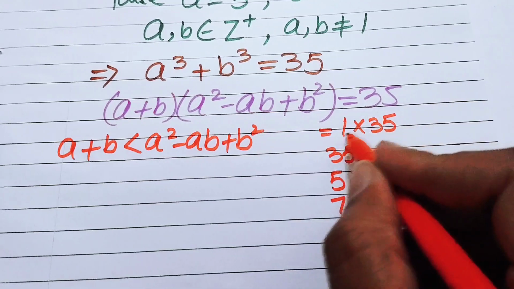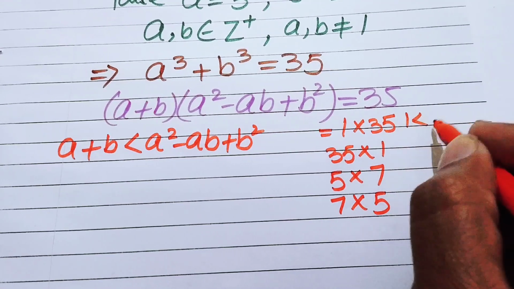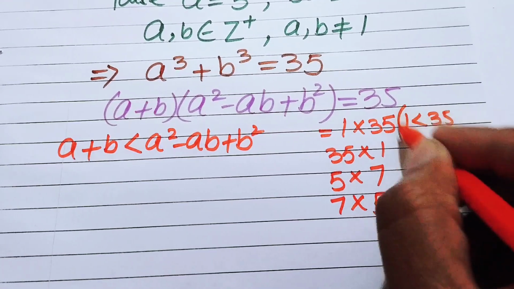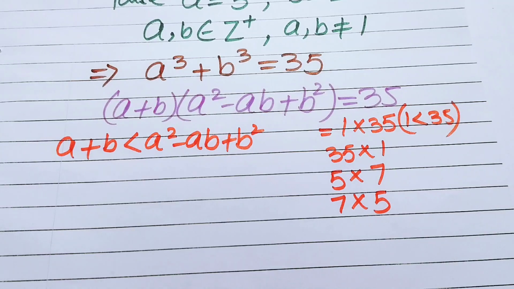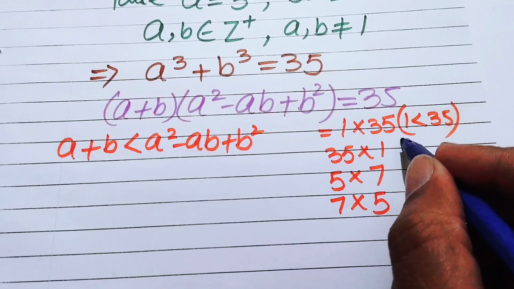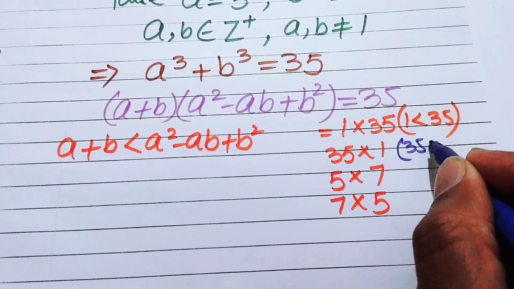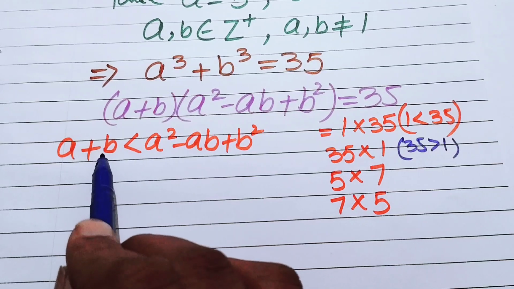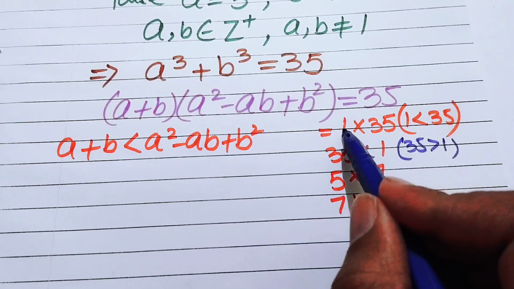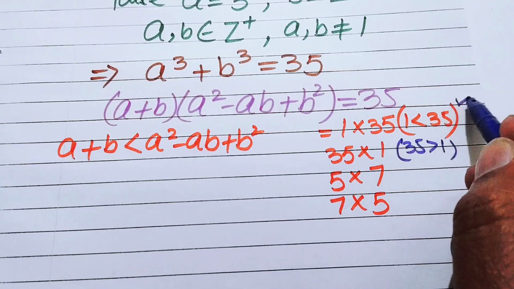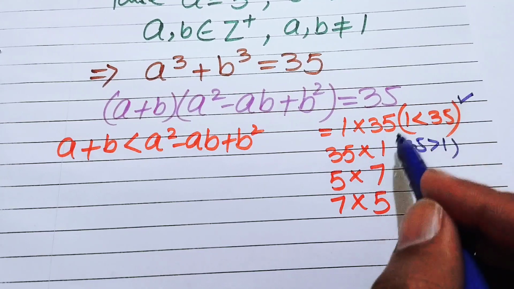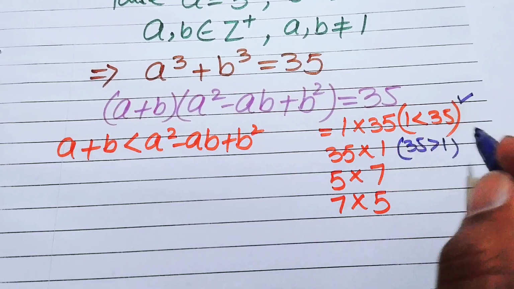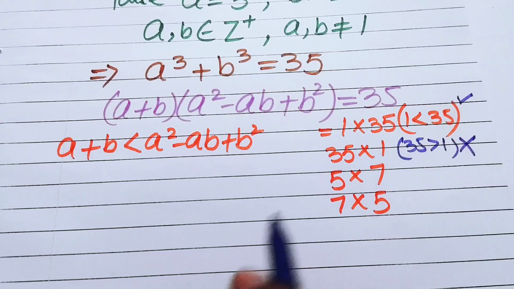So if you compare 1 and 35, you see that 1 is less than 35, and similarly if we write this one, you see that 35 is greater than 1. So here the first factor is less than the second, so it is okay, and this one is not relevant, so we will reject it.